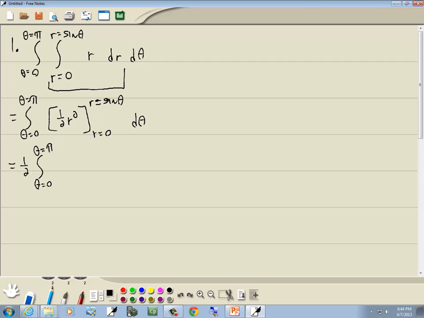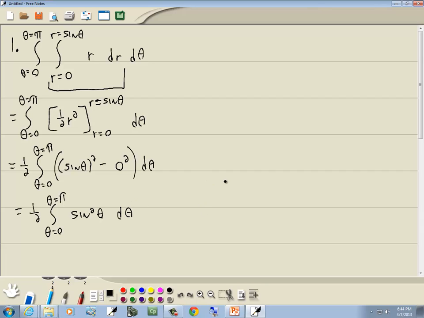And then let's plug in these. So I'll plug in the sine theta for r. So we're going to have sine theta squared minus, and I'll plug 0 in for r. So we'll have 0 squared d theta, which gives us 1/2 theta is equal to 0 to pi. The 0 squared drops away, and we end up with sine squared d theta.